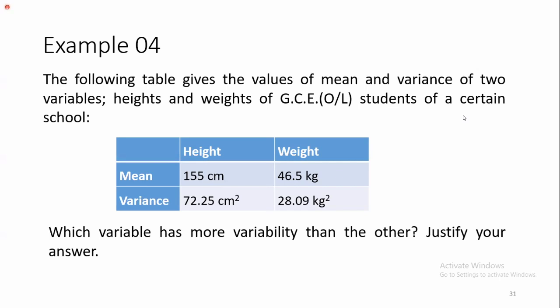Do we have 2 data sets or 1 data set? What do you think? Here, we do not have a data set actually. We have a table. In that table, it includes mean values and variances of 2 different variables, height and weight.